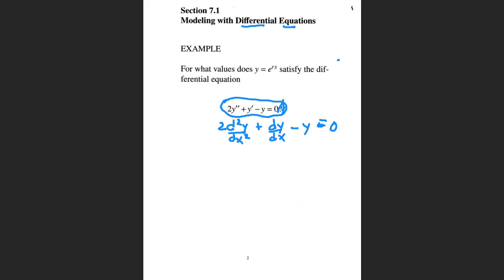How many remember orders of derivative? Like y prime is first order derivative, y double prime is second order derivative, y triple prime is third order derivative. How many maybe remember that from Calculus 1? Okay, good. Ange and Kaj remember that. Well, what we have here is a second order differential equation.